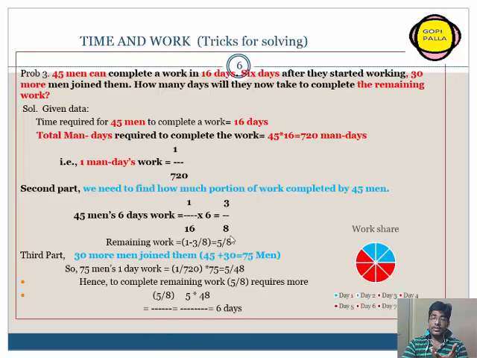So the ratio becomes more: 5 by 8 and 5 by 48, because 5 by 8 is more, so the upper part will be more, 5 by 8 divided by 5 by 48. If we simplify that, we will get 6 days.